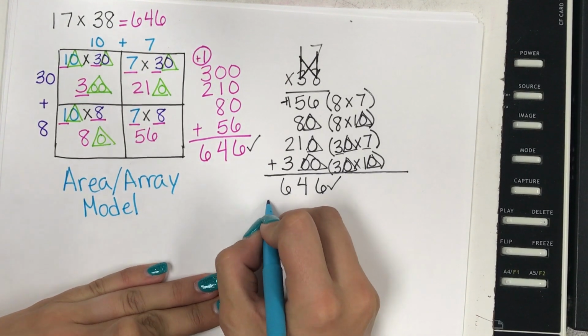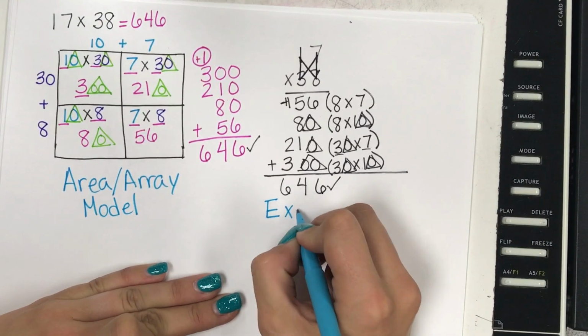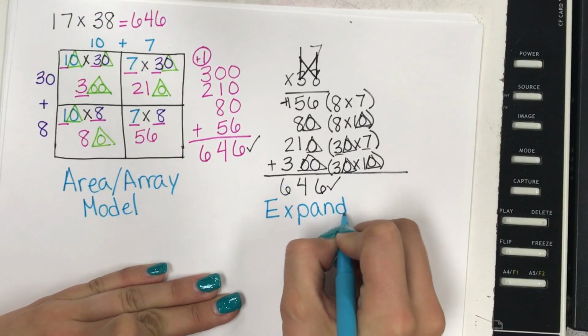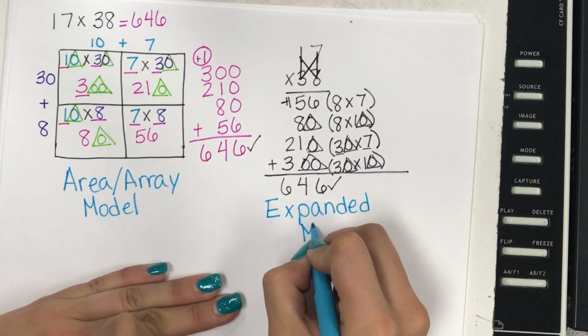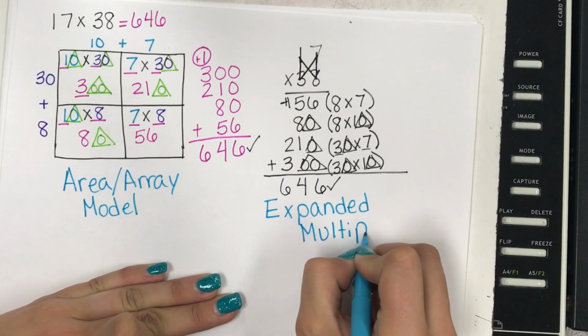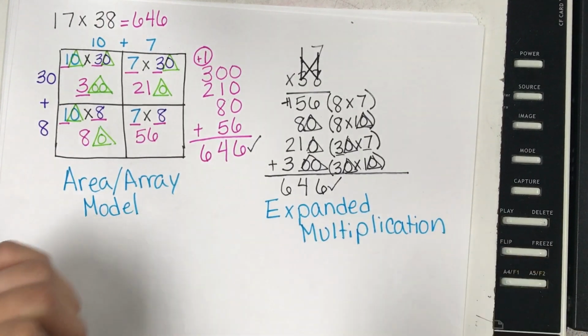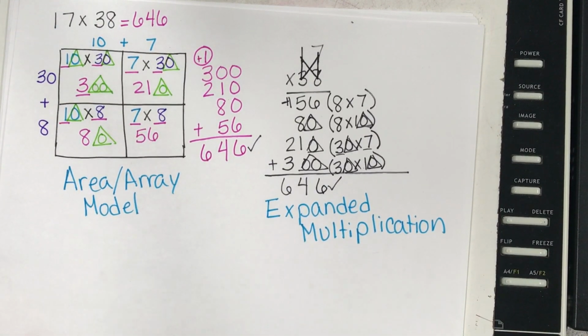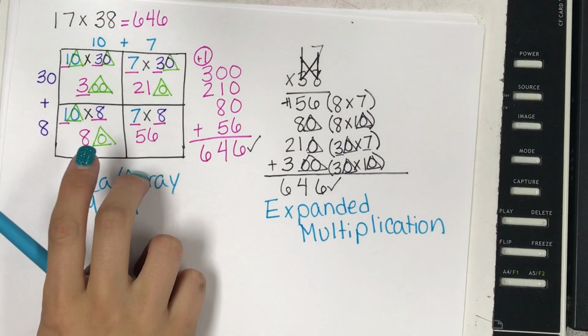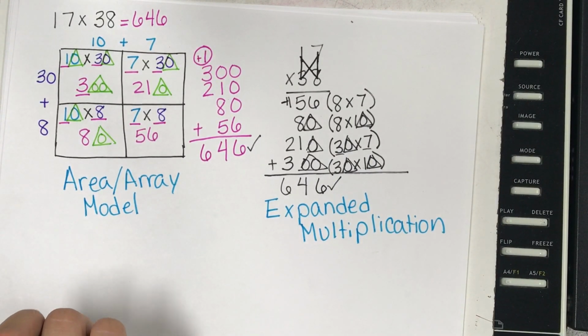This is going to be called your expanded multiplication. So now you have your picture version that we talked about. You have your area array model that we've talked about, and now you have a new strategy called expanded multiplication, where you write out all those pieces down this side.